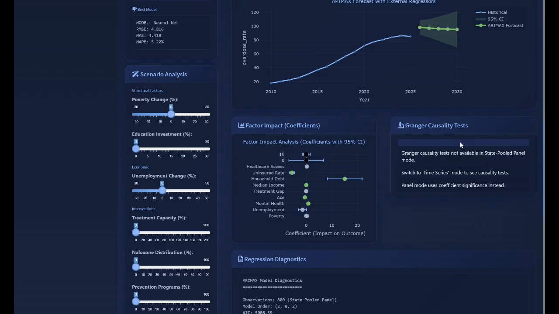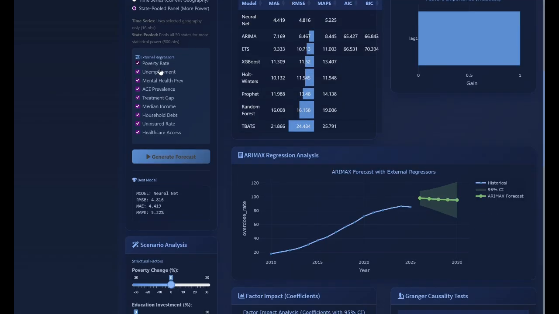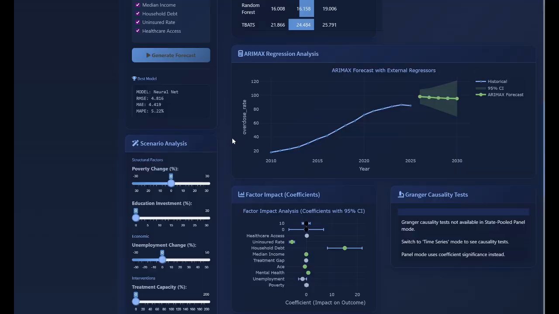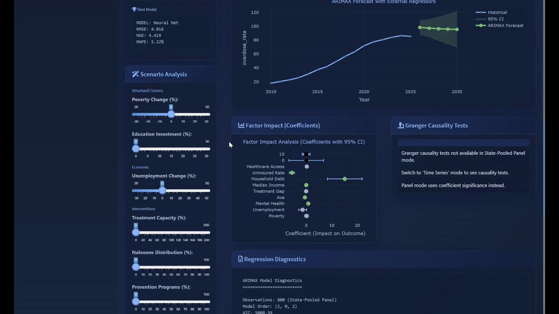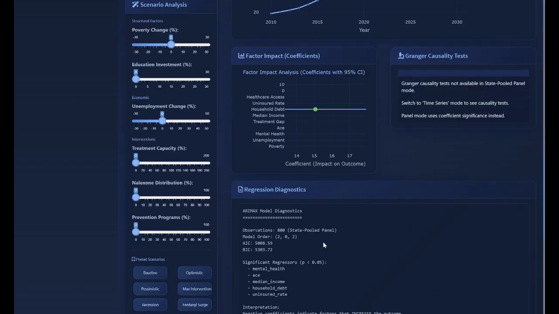What's more interesting is the regression analysis that shows the factor impact of these various factors, social determinants of health pertaining to drug overdoses. And you could see one thing that sticks out here is household debt. You could see household debt is significantly higher than the other factors.